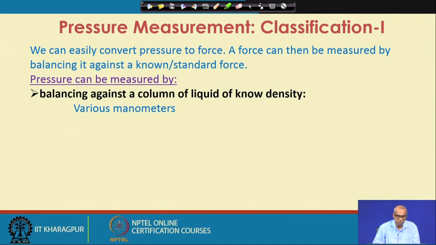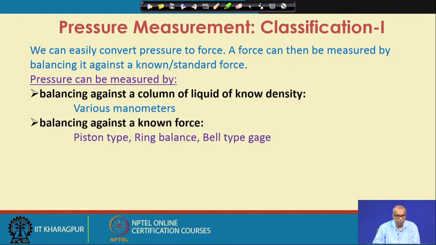So, in manometers we balance the pressure against a column of liquid of known density. Pressure can also be measured by balancing against a known force. Pressure measuring instruments such as piston type, ring balance, and bell type gauge are all examples of instruments which use this principle.